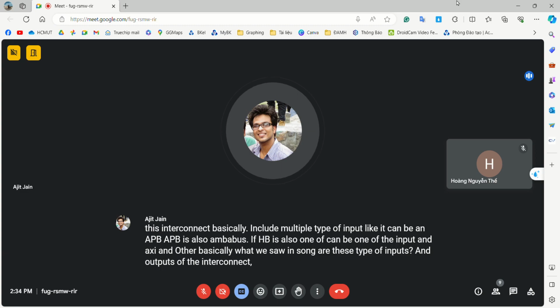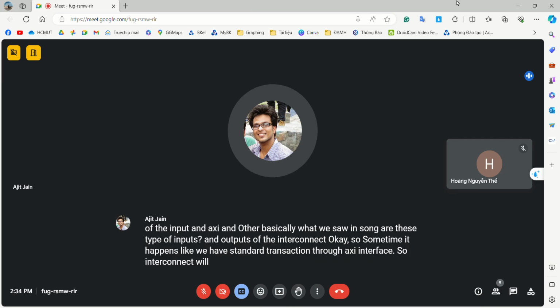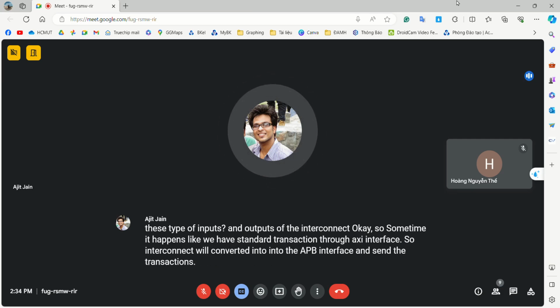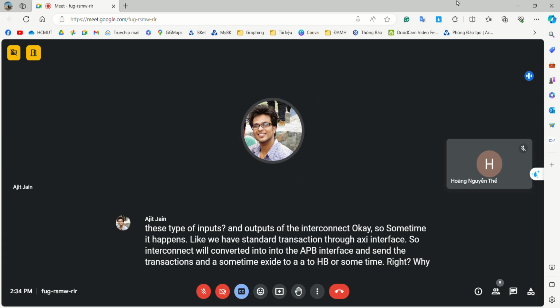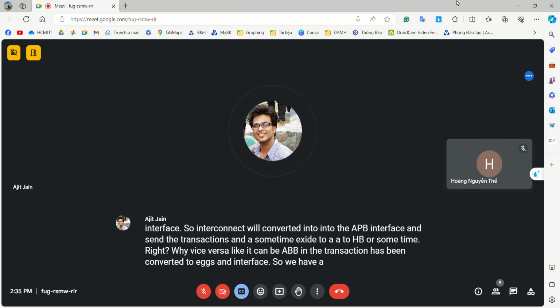Sometimes we send a transaction through the AXI interface, and the interconnect will convert it into the APB interface and send the transaction. Sometimes AXI to AHB, or vice versa. It can be APB and the transaction is converted to the AXI interface. So we have a controller inside the interconnect as well.